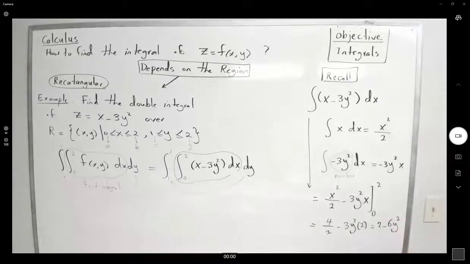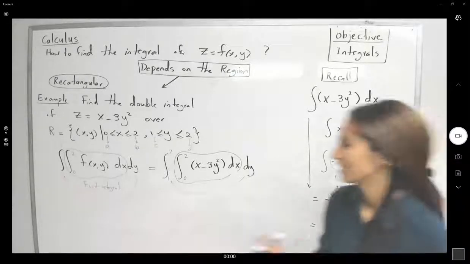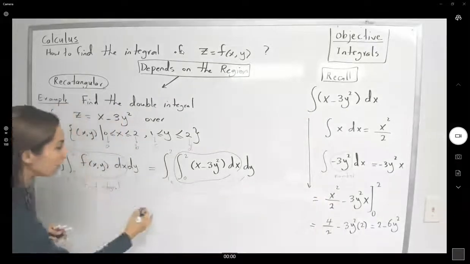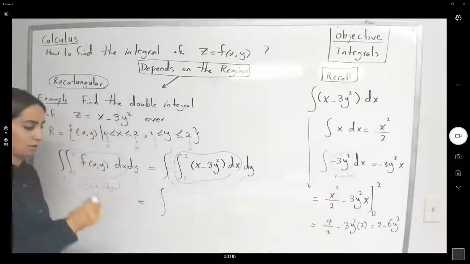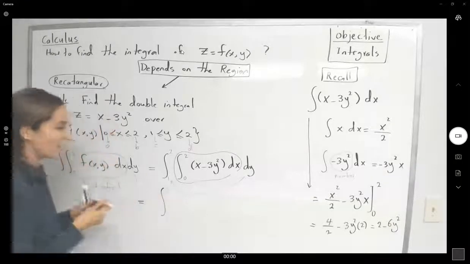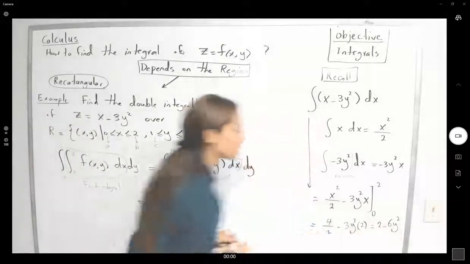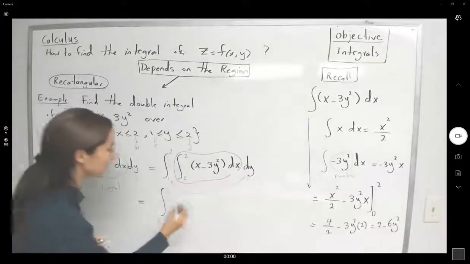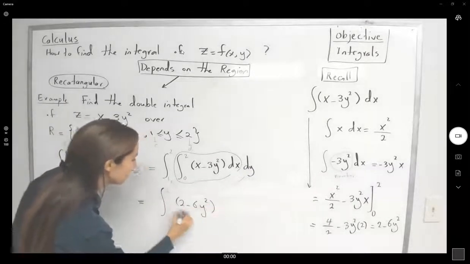This is the calculation of the inner integral. So this integral is equal to, I copy down my outer integral with respect to y, 1 to 2, and my inner integral is now 2 minus 6y squared dy.